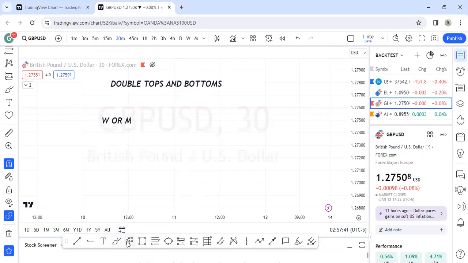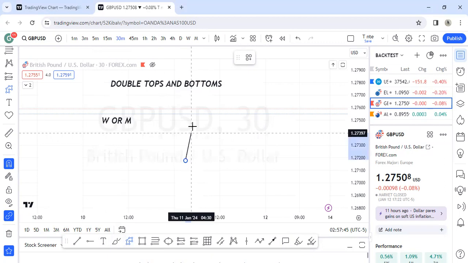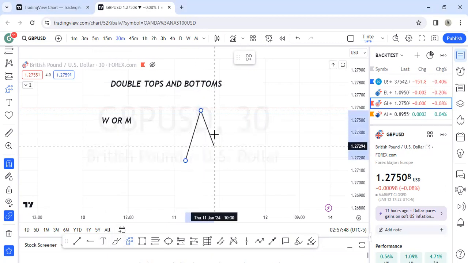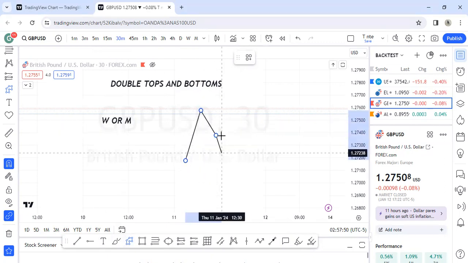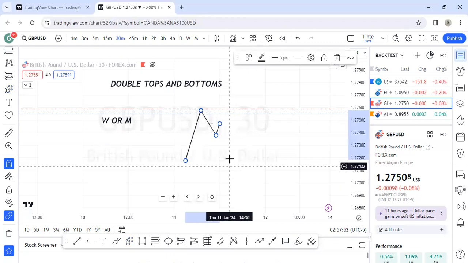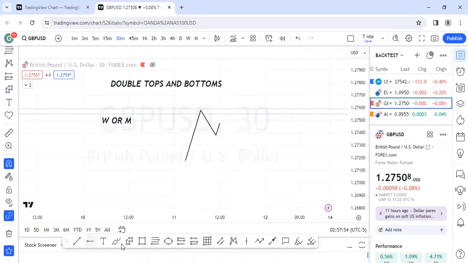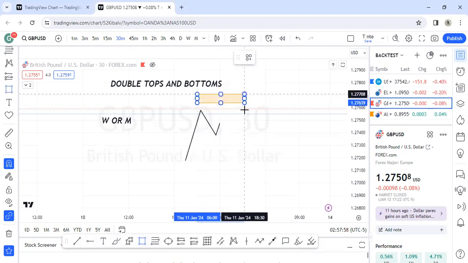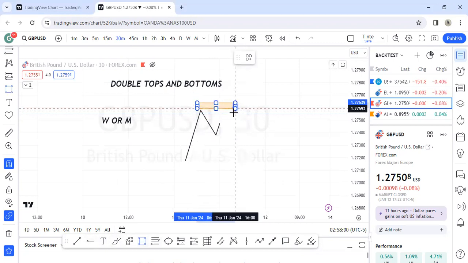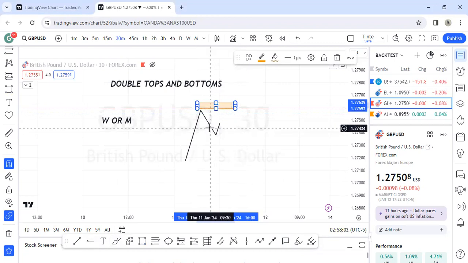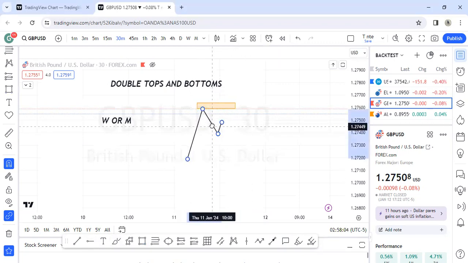So what do I mean? Now, a double top or double bottom trader is looking for the market to do something like this, reject. When the market rejects, the double top trader or the pattern trader is expecting this point to act as what? A kind of resistance level, right? Looking for the market to form a resistance.